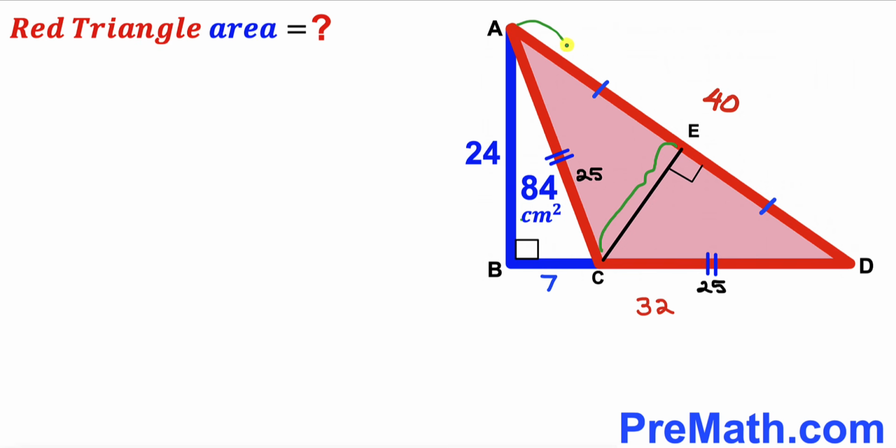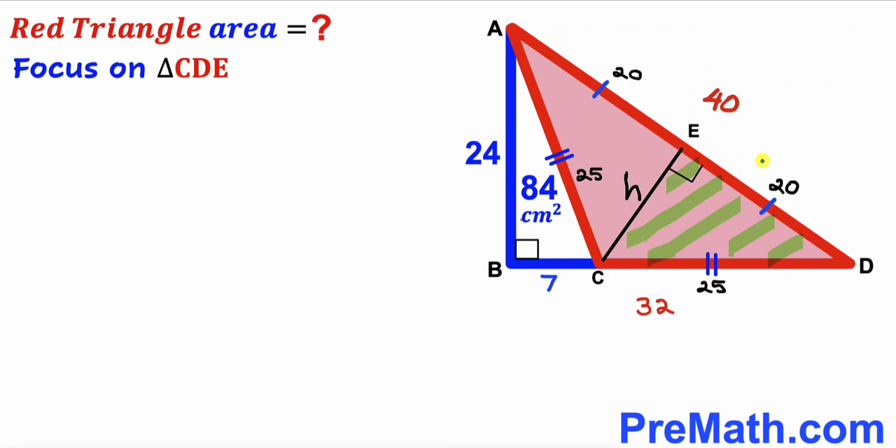This segment AE length is going to be equal to DE length. If this whole length is 40, then this AE length is going to be 20, and likewise DE length is 20 as well. In this next step, I am going to label this perpendicular CE as our height lowercase h. Now we are going to focus on this right triangle CDE.